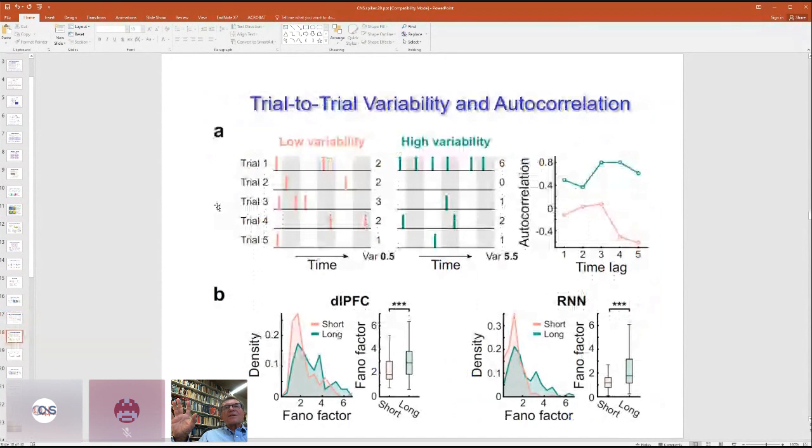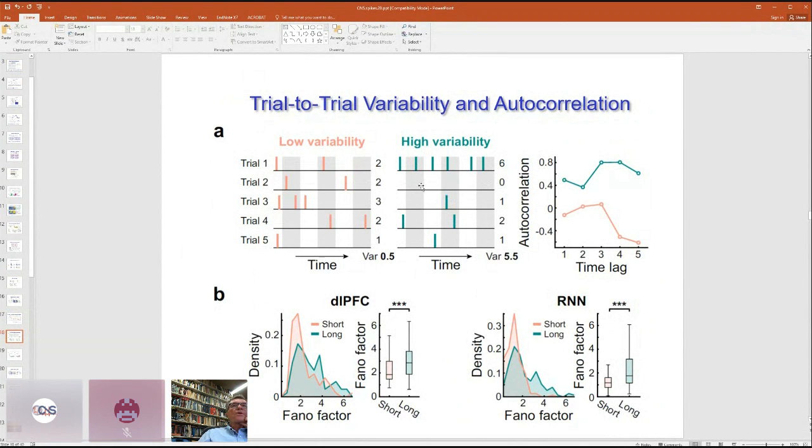Finally, and this is really exciting because this is another thing that can be tested, if you look at the trial variability, it's different depending on where you are in the cortex and also in the recurrent network. So here's a case where there is low variability. On each of the trials, there's like 1, 2, 3 spikes. But with high variability, you get some trials where there's like 6 spikes and others where there's none or 1.